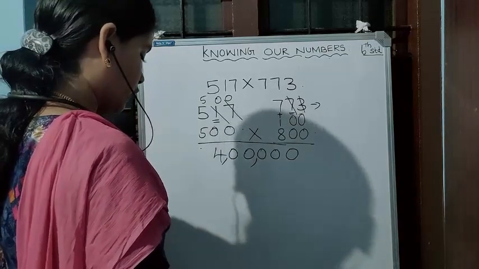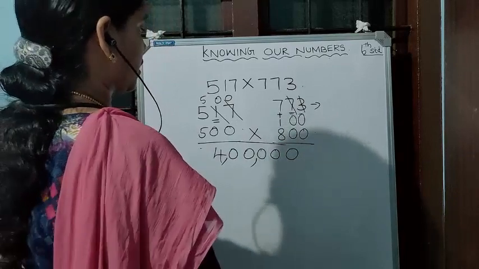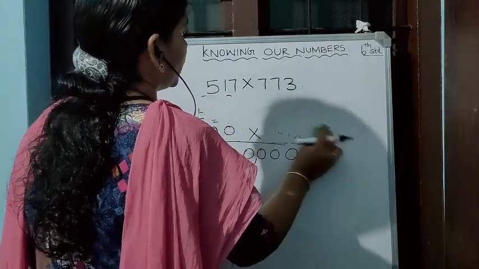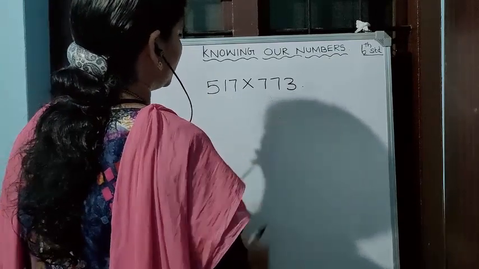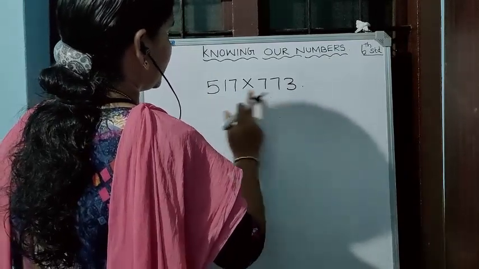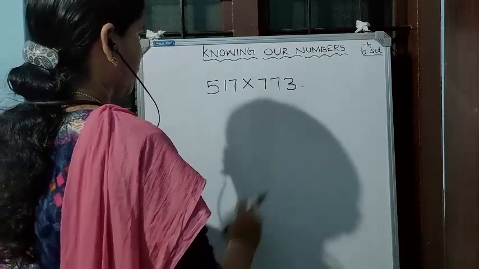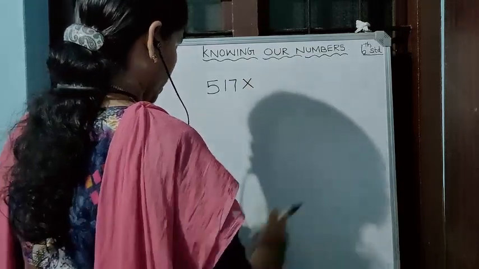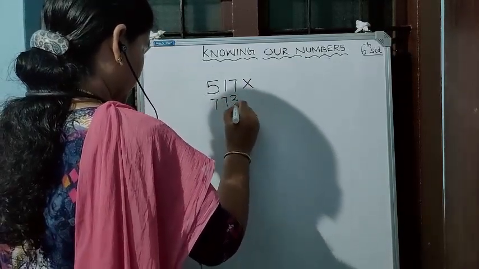Now, in your question, we want to verify the actual calculation. So, what will you do? You have to multiply these two numbers. 570 into 773.